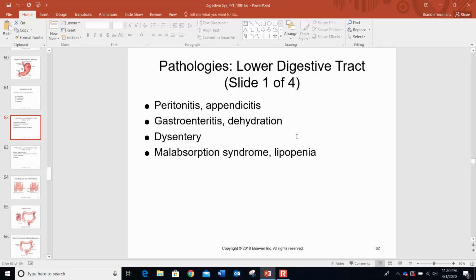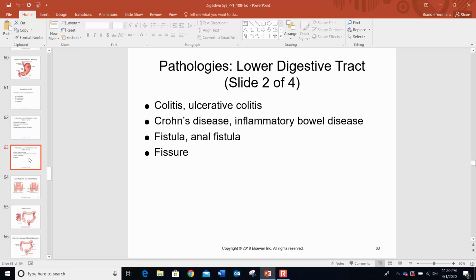So we want to make sure that if our patients have that gastroenteritis, that we make sure that they're getting enough to drink so we can balance out those fluids and electrolytes. Then we also see sometimes a malabsorption syndrome, because the body is not able to absorb those fluids, electrolytes, vitamins, and minerals, the body is just releasing them too quickly.